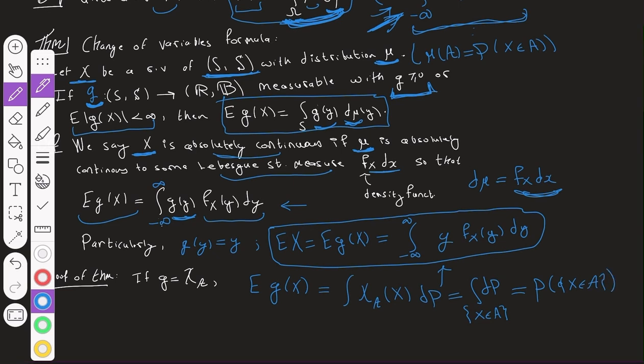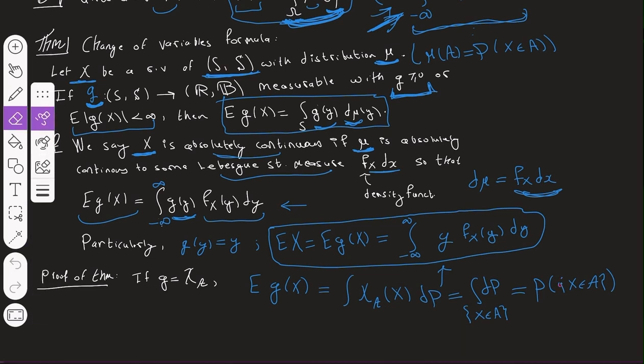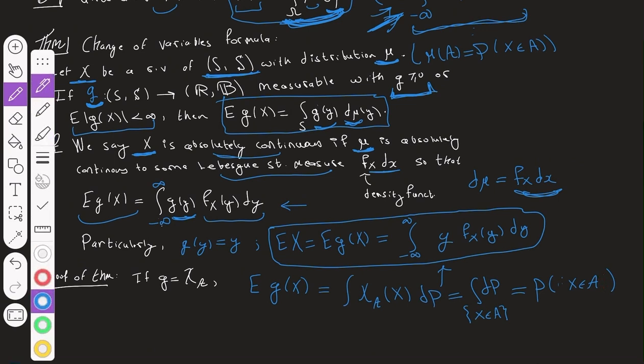Cool. On the other hand, what we know is that the probability of this pre-image, by definition of the distribution function, is just mu at A. And we already know that mu at A is, of course, the integral of chi A d mu.